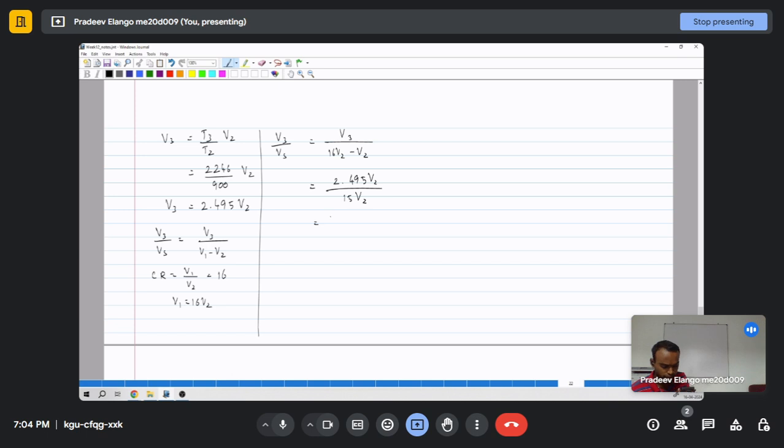Then we will be left with 0.163 approximately. So that means the combustion stops at 16.6% of the stroke.